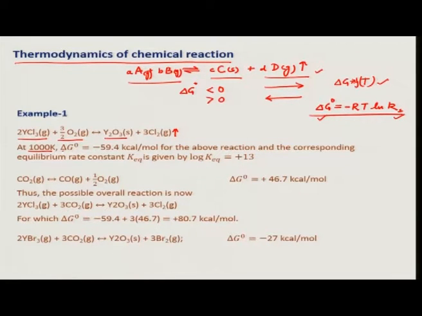However, the delta G for this reaction is very large and negative, which means that this reaction will proceed towards right very fast, because K equilibrium is 10 to the power 13. So, you will have a very fast reaction. Fast reaction means fast deposition of the thin film.